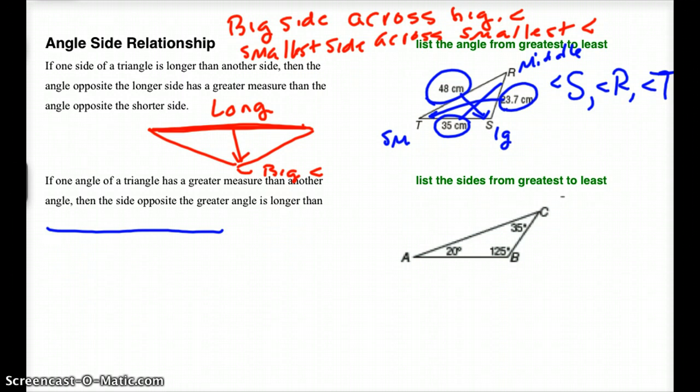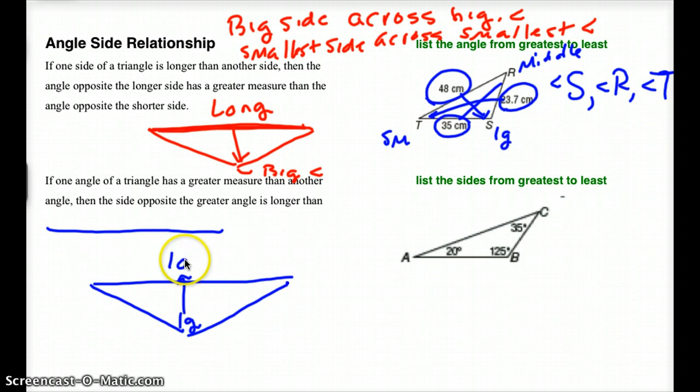So what I'm saying here, guys, again, is if I have a really big angle, this is the largest angle, then across from that largest angle is going to be the largest side as well, or the longest side. And if you have a smaller angle across from it, so let's just summarize that.